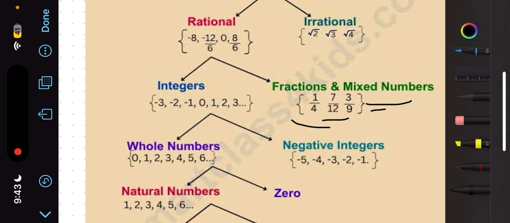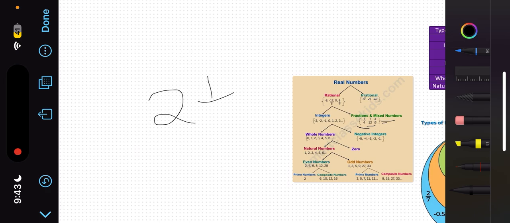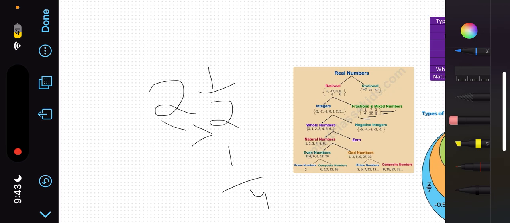A mixed number is a whole number with a fraction. For example, 2 and 1 upon 2. You multiply 2 by 2 and add 1, so the final value will be 5 upon 2. These are called mixed numbers.